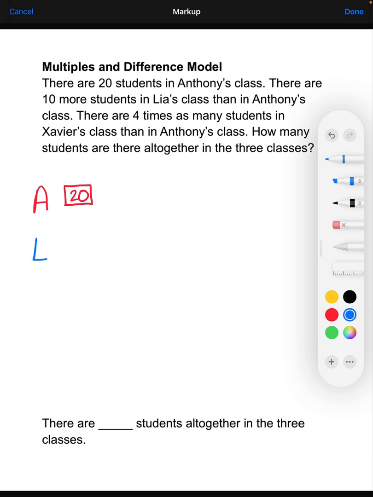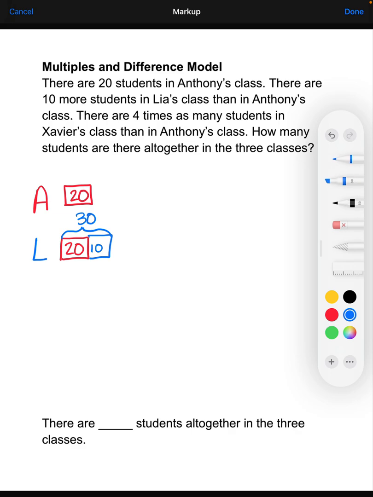And I know that Leah starts off with the 20 just like Anthony. But then she has 10 more students in her class. So that means Leah has a total of 30 students in her class, which is 10 more than Anthony.